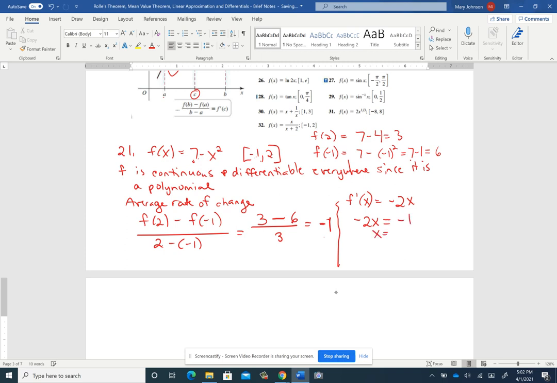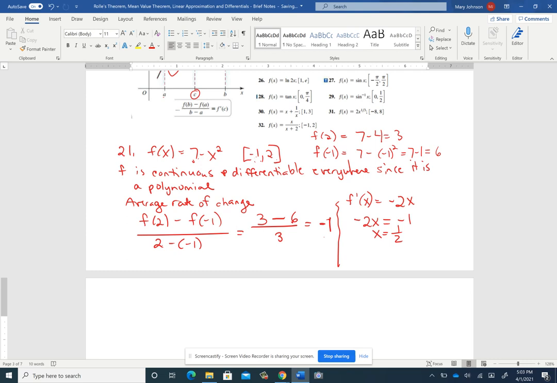This one works out pretty good, and we find that's going to happen when x is 1/2. And see how that 1/2 is in the interval from -1 to 2? The mean value theorem says that that's got to be the case.